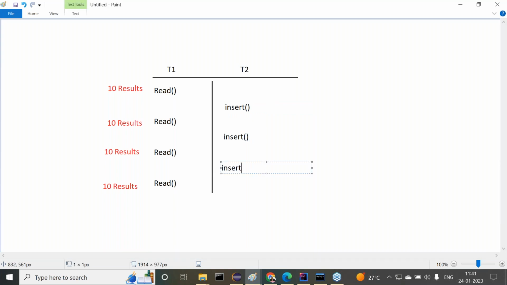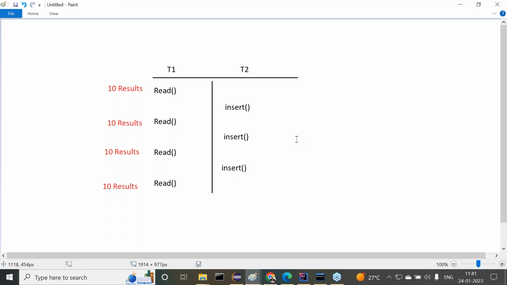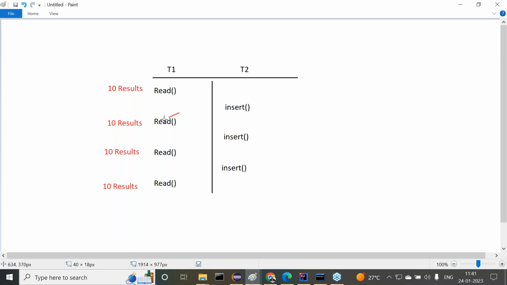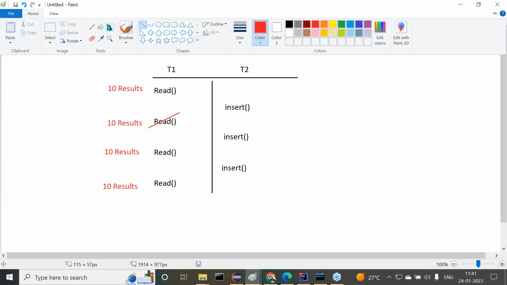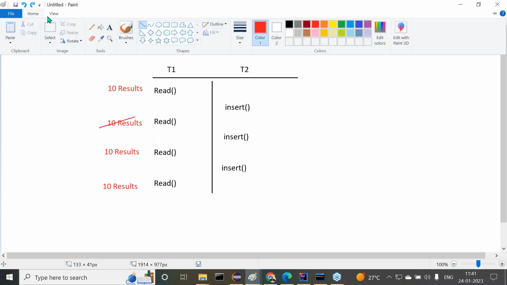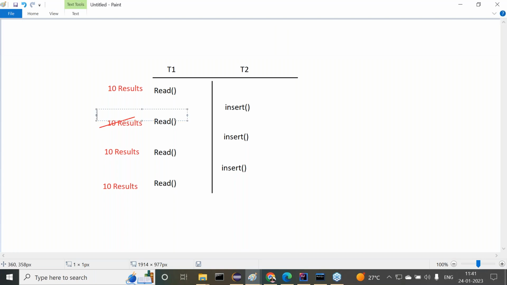Here there may also be a number of insert operations being performed. When we perform a number of insert operations, in the next read operation the results are not going to be the same; the same number of results are not coming. Here we may get some 50 results.